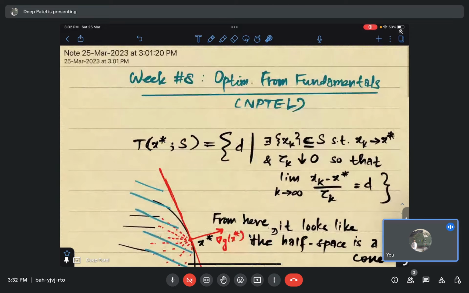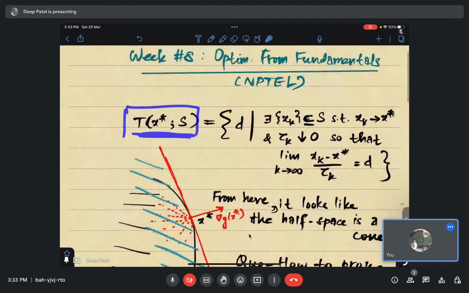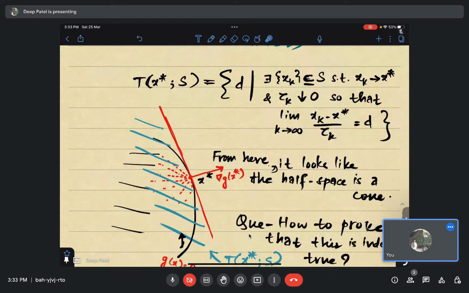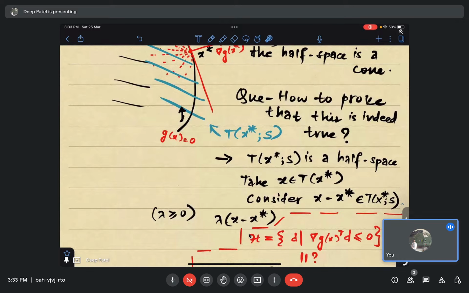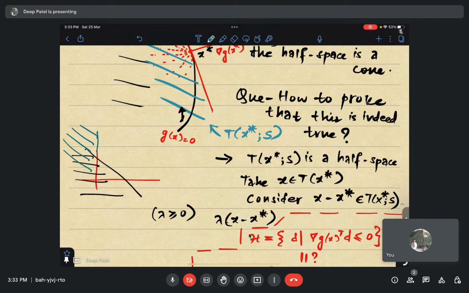Cone is clear, because you can just use tau k to scale it. For example, if instead of d you want lambda d, you just put tau k by lambda. So that is evident; the fact that it's a cone is straightforward. But the reason for half space, it really depends on the specific form. I drew a case like this, versus a case which is just this plane.